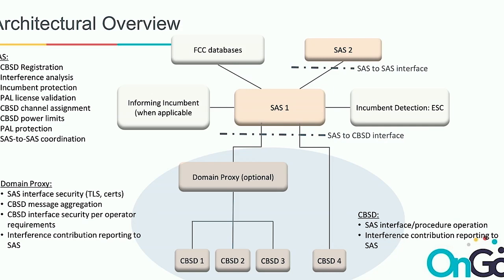So all the SAS vendors on the back end sync their databases. Right now, that's being done nightly. They have enhancements coming to do that in more real time. That's going to be a maturation process for the SAS vendors over time. And then the SAS vendors do the ESC as well, which feeds into the system for incumbent detection. So that's what the integration looks like.